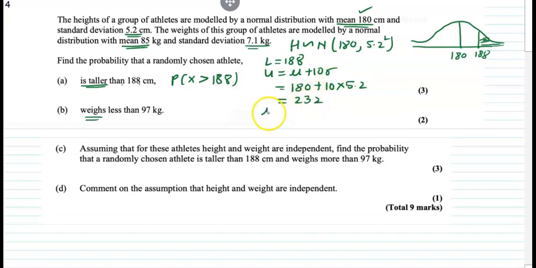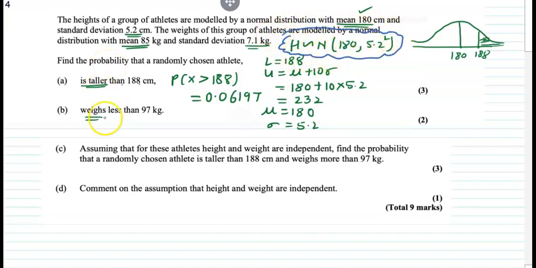Okay, and mu is 180 and sigma is 5.2. So once you put all these values in the calculator, you get P(x greater than 188) equals 0.06197. Okay, so this was for height.